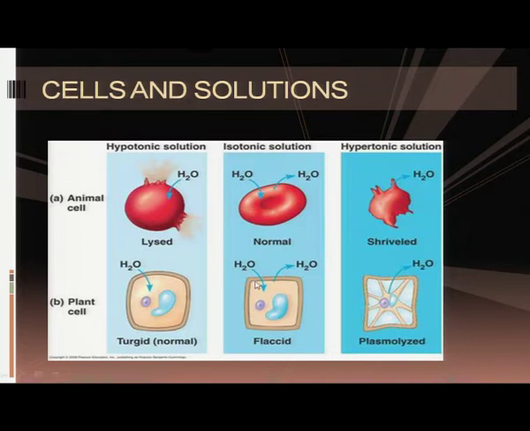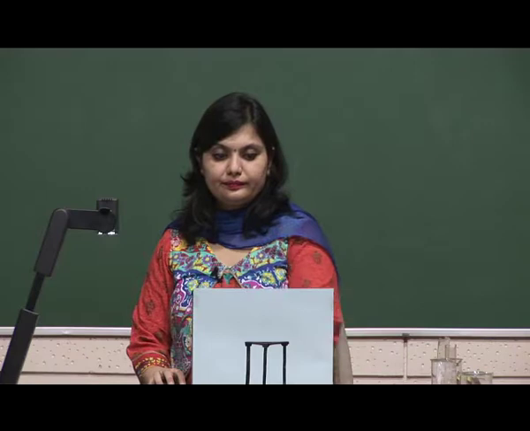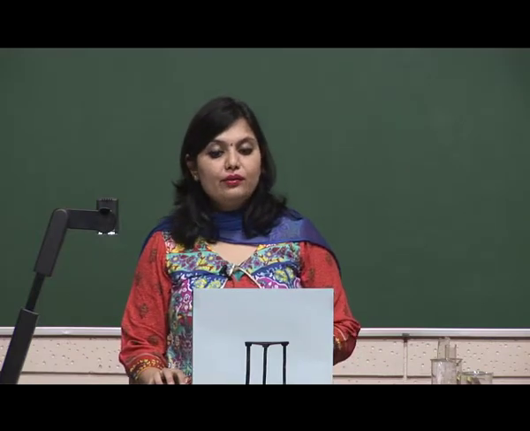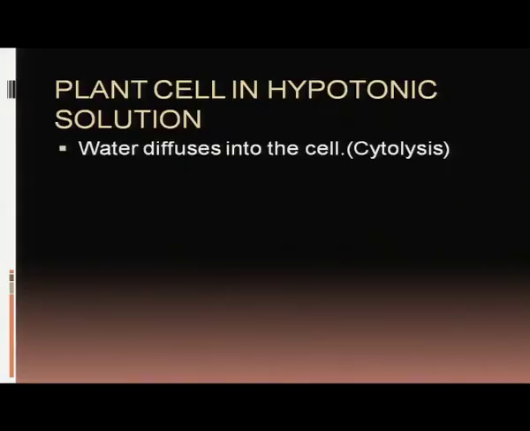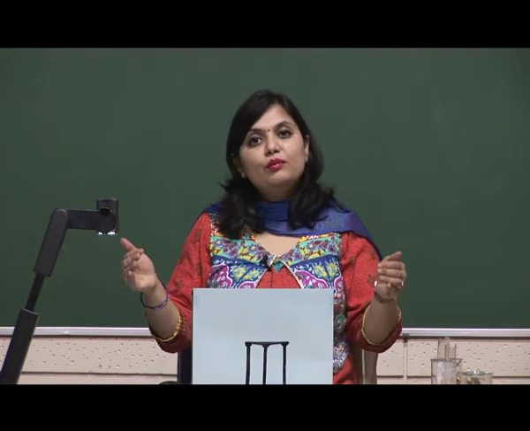Let us see the effect of these solutions on plant cells. What happens when a plant cell is put in a hypotonic solution? Water diffuses into the cell. This we have been discussing. When the solute concentration is more outside, water will move out, but when the solute concentration is less outside, water will move in.